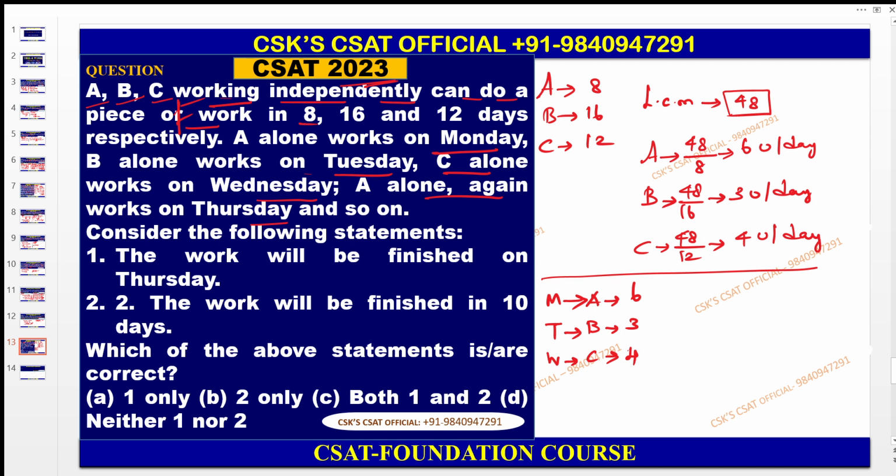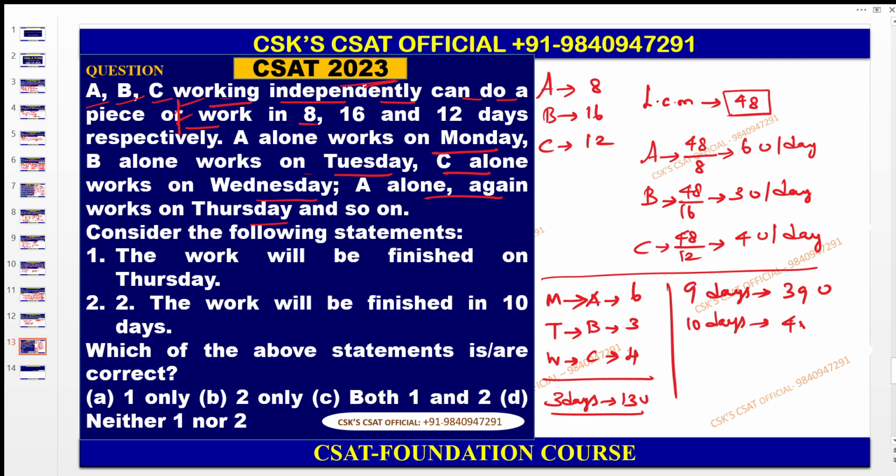Monday to Monday is 8 days, right? In every 3 days, 13 units are completed. So 9 days gives 39 units, and 10 days gives 45 units.